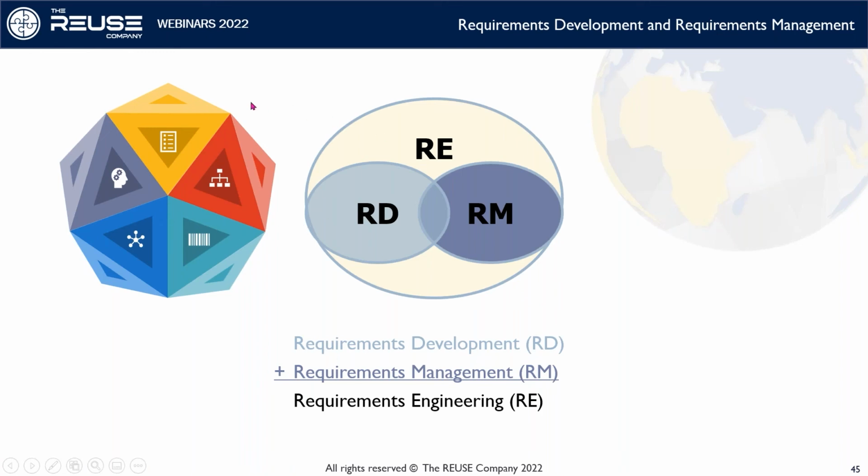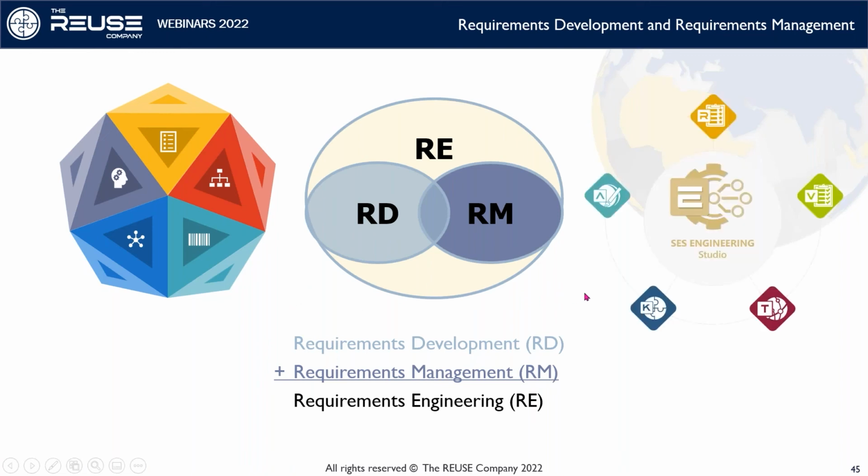That is very powerful, not least in this area where we actually produce the data. We can also, using SES Engineering Studio, connect all sorts of repositories and add these functionalities in all these tool sets to help us maintain data in similar ways, regardless of where data is stored in the different tools over the life cycle.